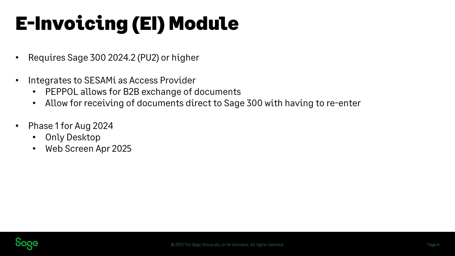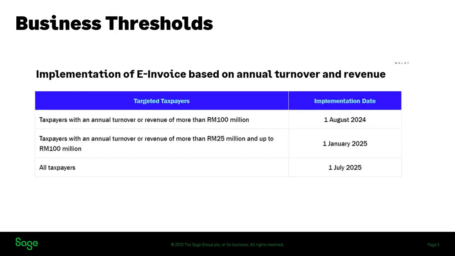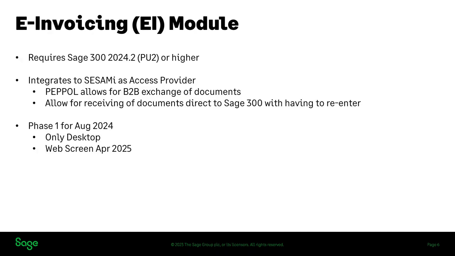We will be releasing the 2025 version in August. Depending upon where you are on this threshold, if you don't have to meet the August deadline and you're in that middle threshold for January, then you may also want to think about our 2025 release as well.